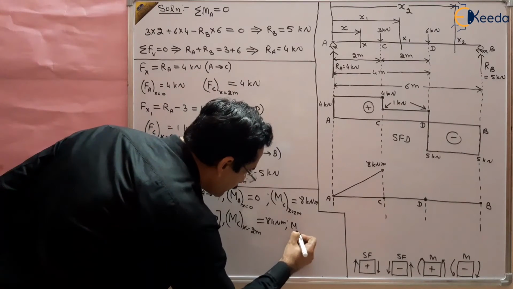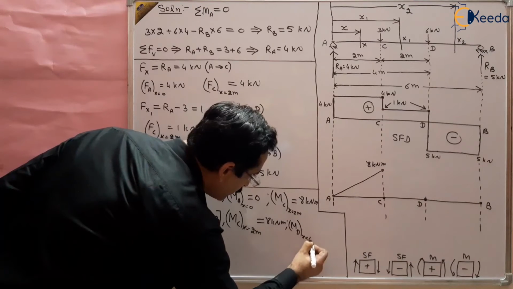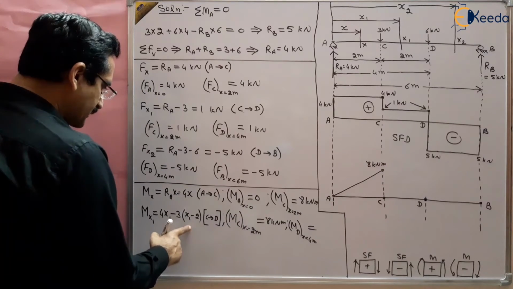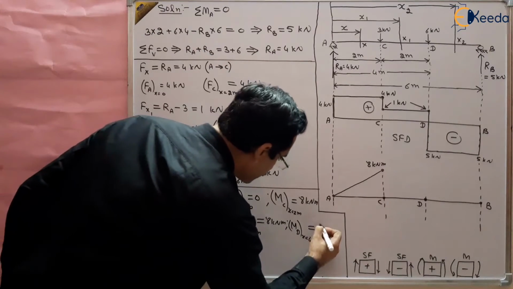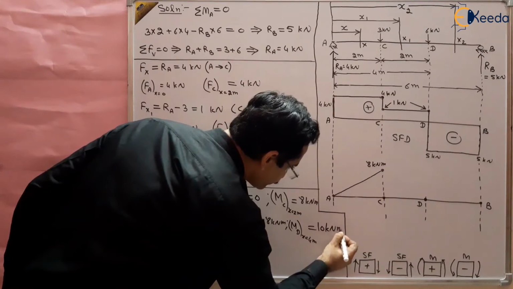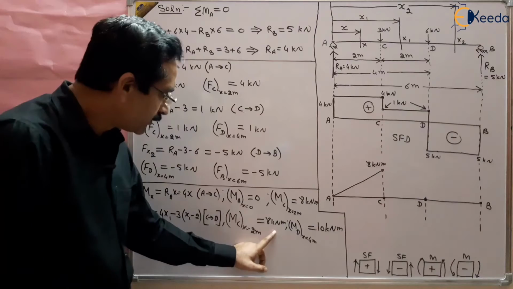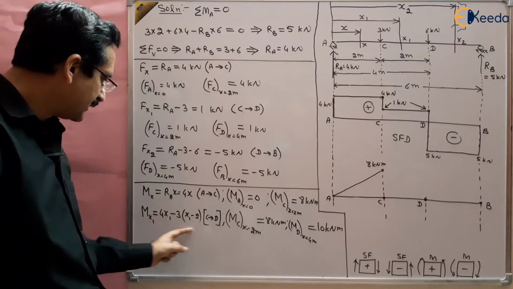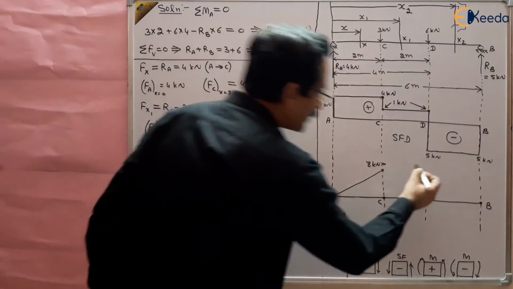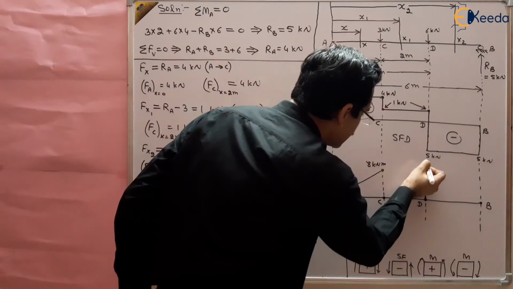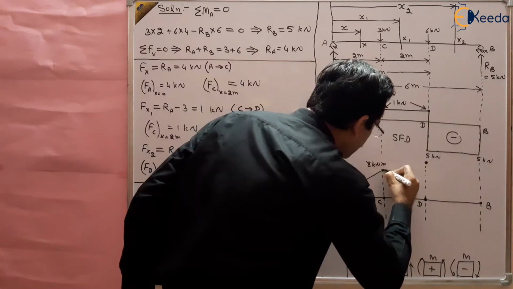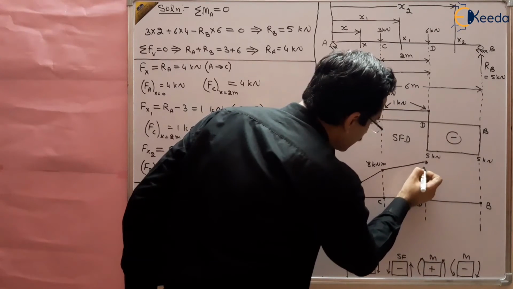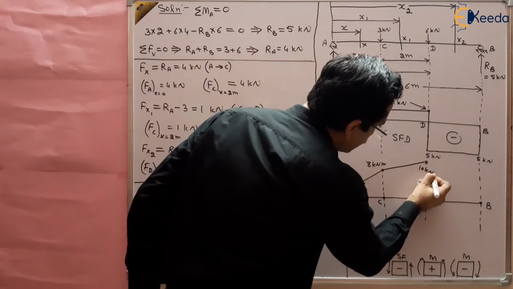So MD at x equal to 4 meters, put x equal to 4 here, you will get 16 minus 6, that is 10 kilonewton meter. So from 8 kilonewton meter to 10 kilonewton meter, it varies linearly from C to D, like this, right? And this bending moment is 10 kilonewton meter.